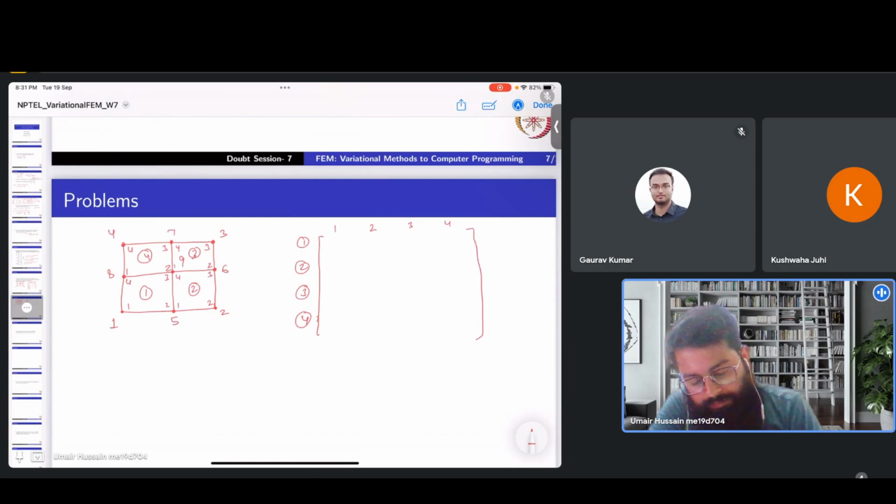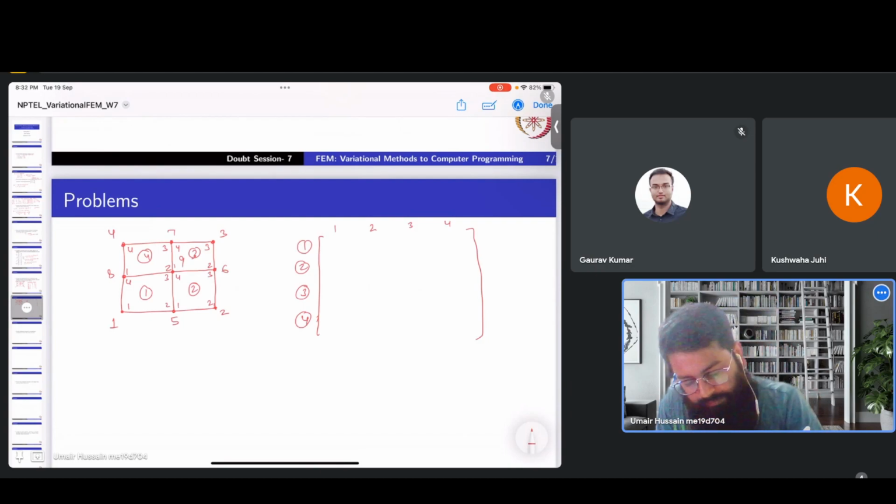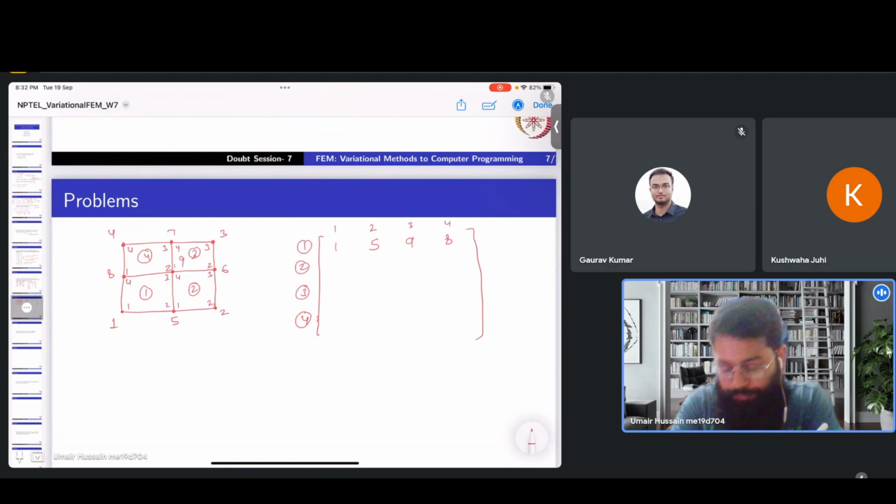So now element 1 would be row 1. Element 1, with local nodes 1, 2, 3, 4, is 1, 5, 9, 8, right? For element 2, it would be 5, 2, 6, 9.